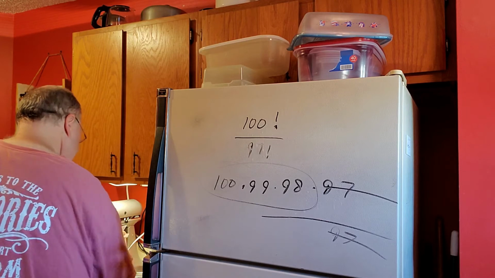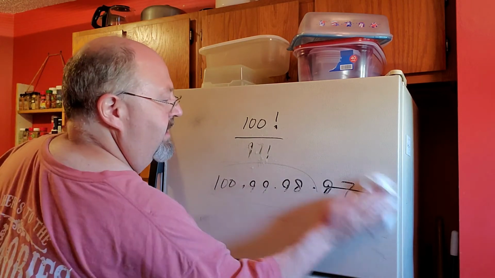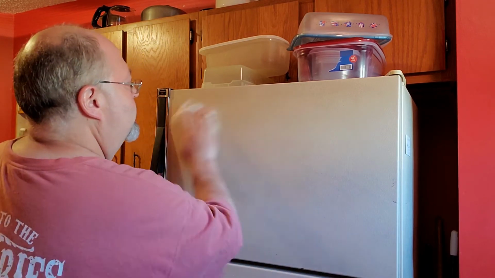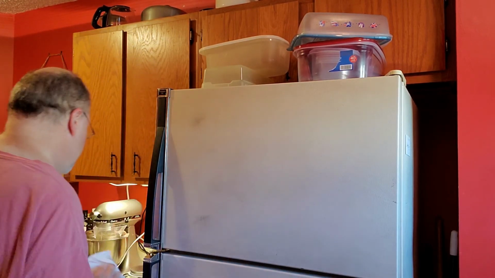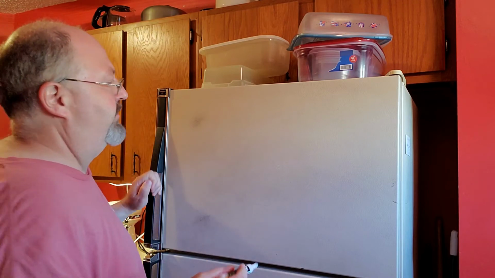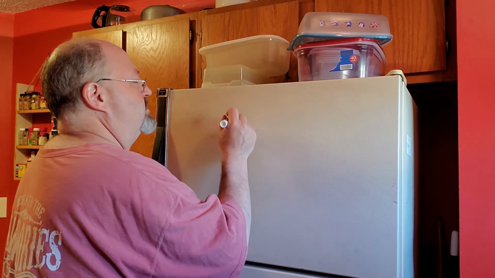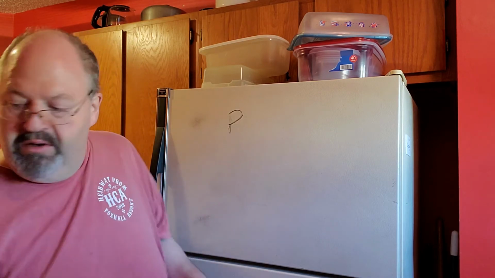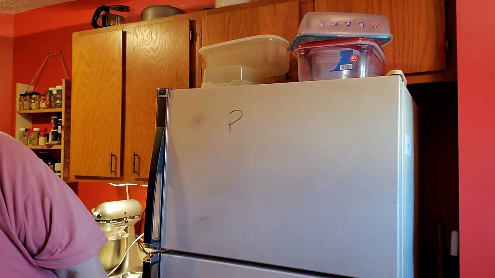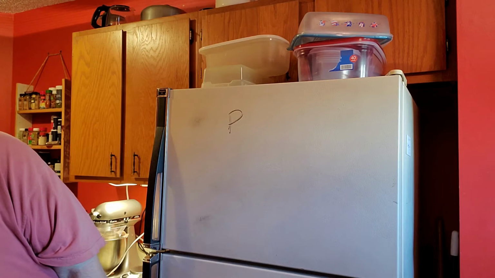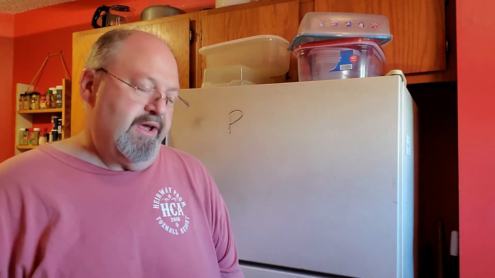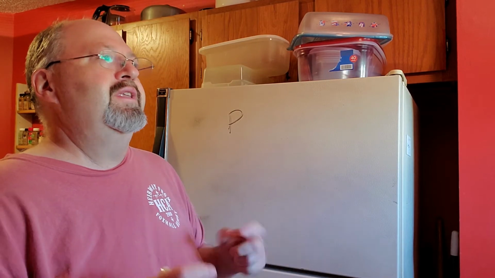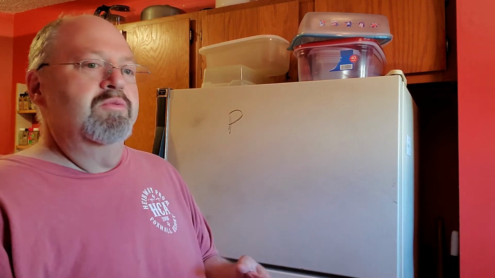Alright, so why do we need that? We need that because there is a formula. Now, math always has to have formulas. So for permutations, suppose we want to know, we've got 7 books, and we want to know how many different ways we can arrange them in groups of 3.